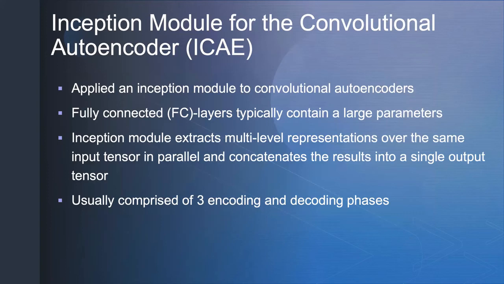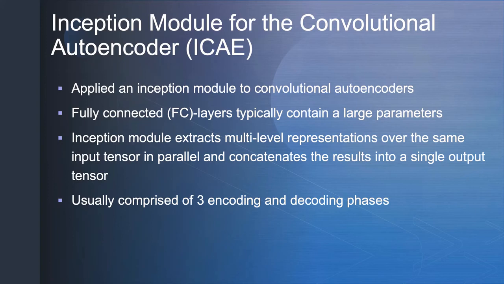Inception model for the convolutional autoencoder, also known as ICAE. To discover highly advanced representations and reduce dependency on the fully connected layer, the authors applied an inception model to the convolutional autoencoders. The fully connected layers typically contain a large number of parameters, which result in overfitting.